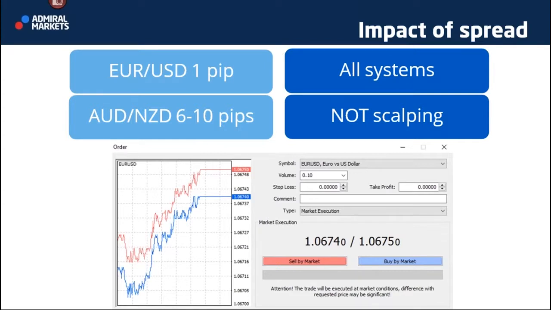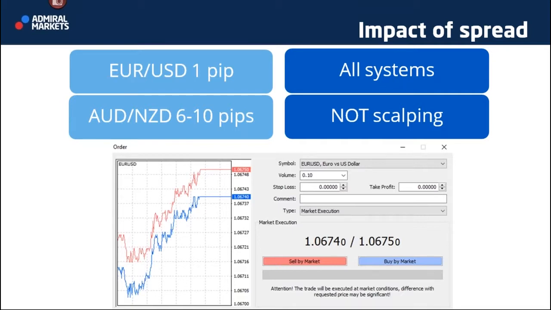Well, with the euro dollar, because the costs are low, the spread is low, there is almost no limit in the system we develop. Granted, I think it is not a good idea to aim for a 1 pip target, even on the euro dollar, because the reward to risk is not going to compensate enough, even if your win percentage is really, really high.